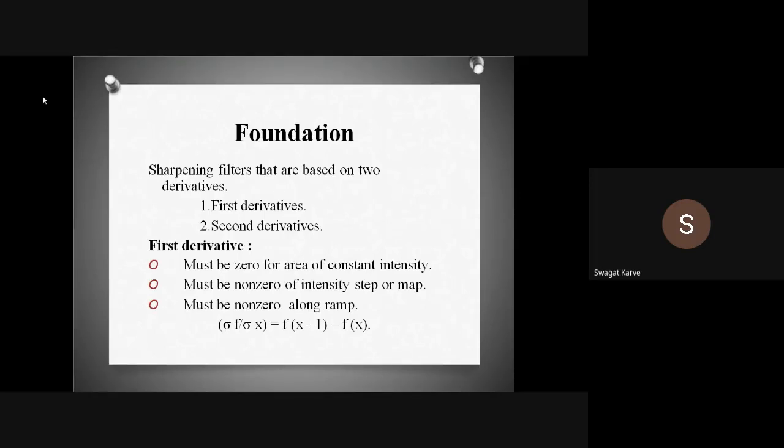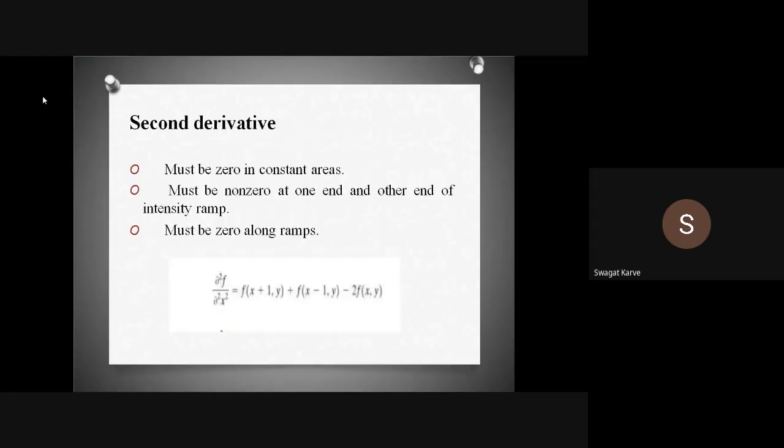Now we will discuss the next one, the second order derivative, or Laplacian operator. What are the necessary conditions for this Laplacian operator filter? It must be zero in constant areas.